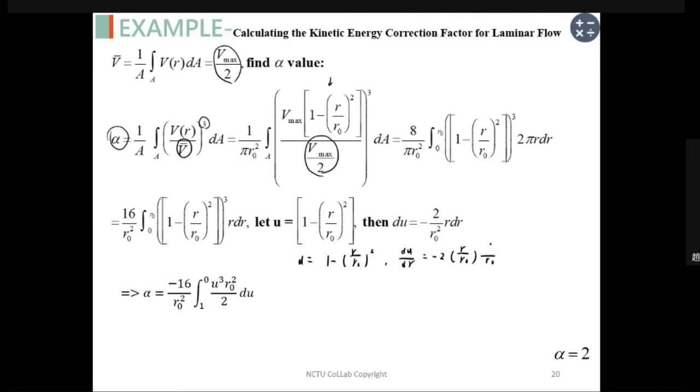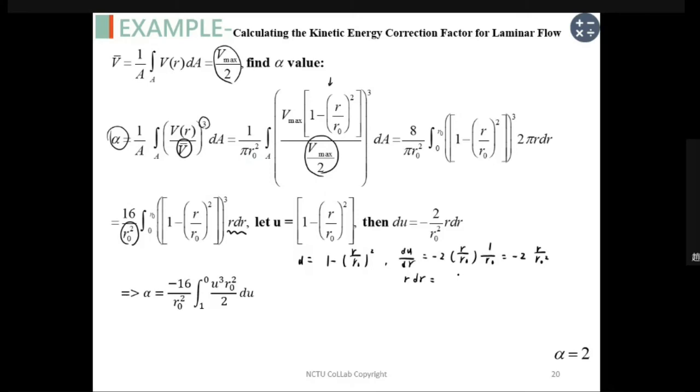So we know that it's minus 2r over r0 squared, and there is an r here. So we just reorganize.